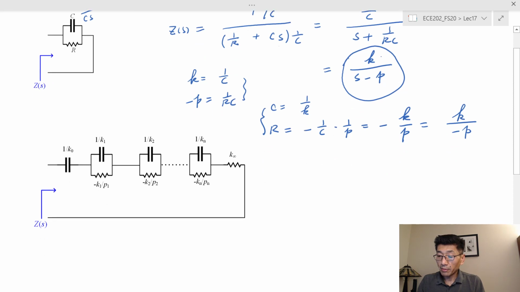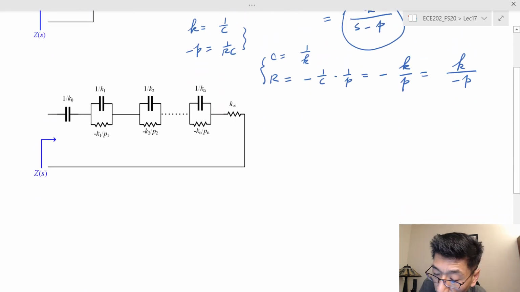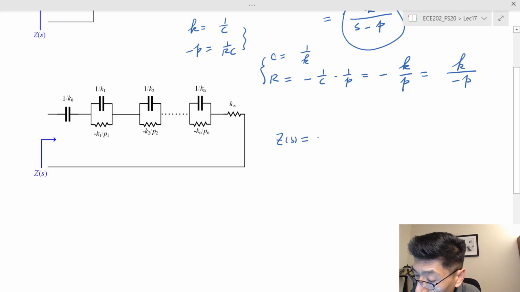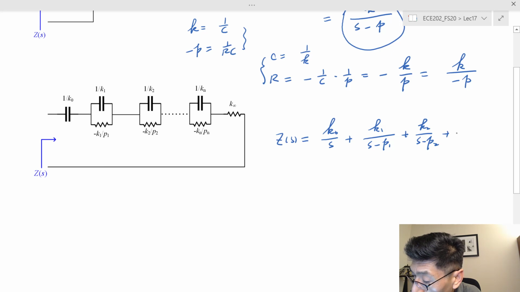So let's see if we have a general term. If we have Z(S) in a more general form, that may be equal to K0 over S plus K1 over S minus P1 plus K2 over S minus P2, and so on up to Kn over S minus Pn, plus a constant term.